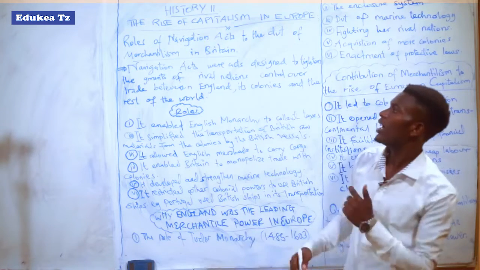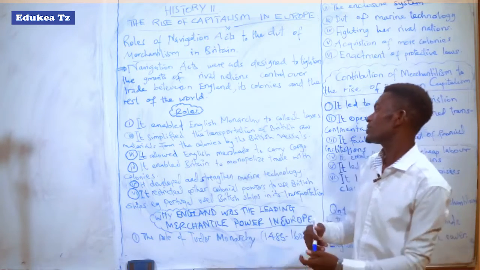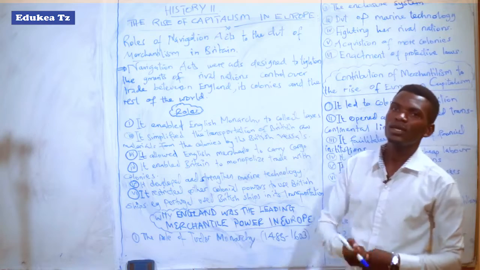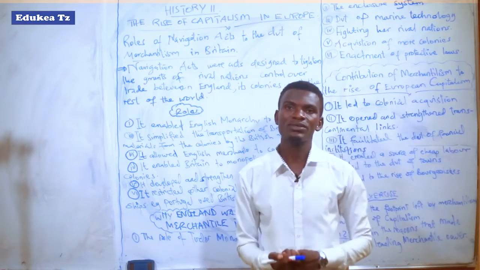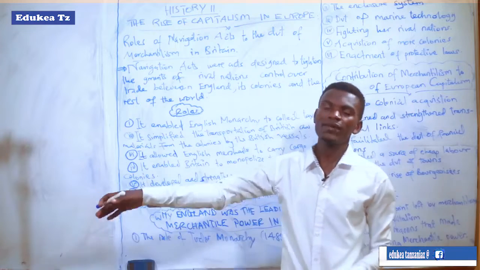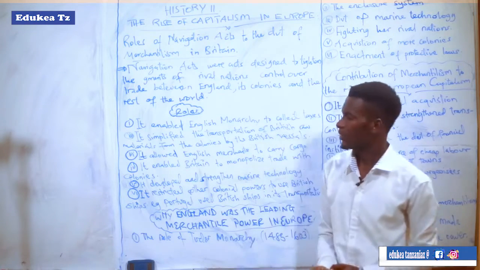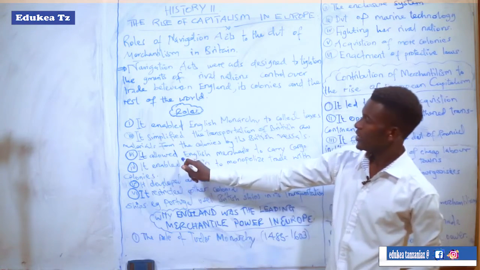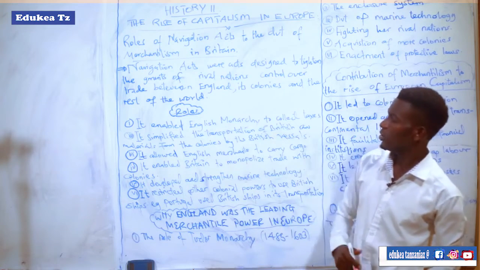So you can see how English merchants were favored, and that led to the development of mercantilism in Britain and not in other rival nations. This was the third law.